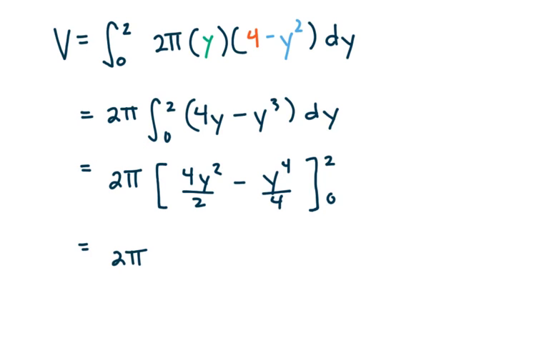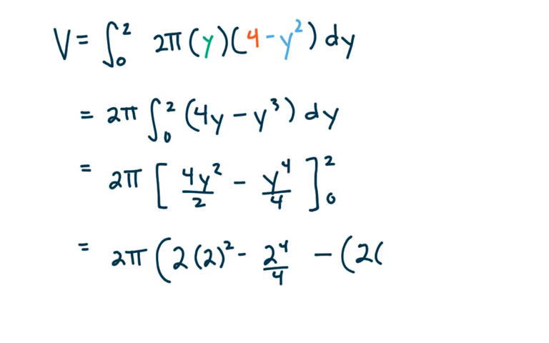So that is 2 pi. We have 2 times 2 squared minus 2 to the 4th over 4, minus 2 times 0 squared minus 0 to the 4th over 4. So that last piece there, that's just going to turn to 0. We don't need that.